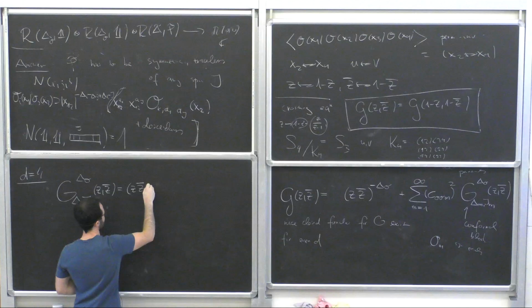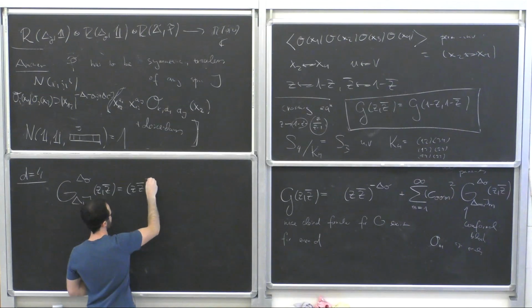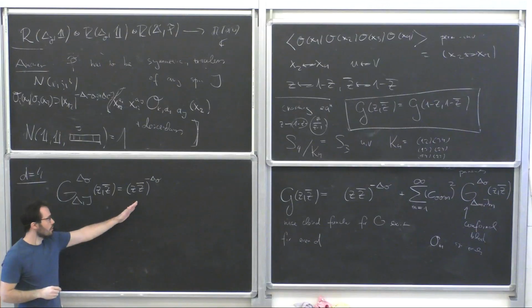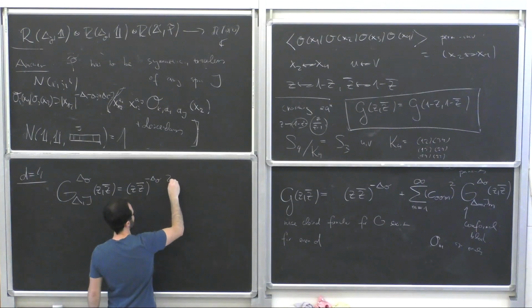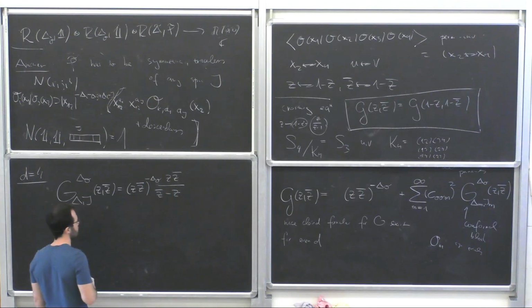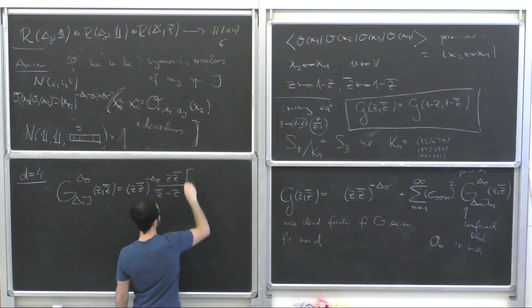So it's z bar to the power minus delta O. This is what we will have for the identity operator. But for a general non-identity operator, there's some additional, not too complicated function of z and z bar.